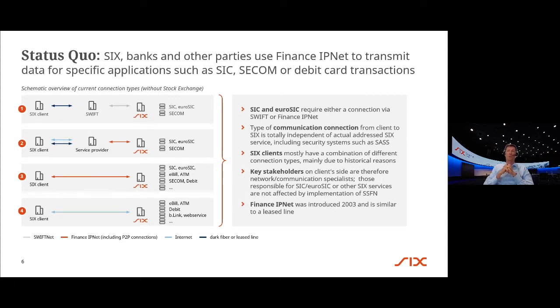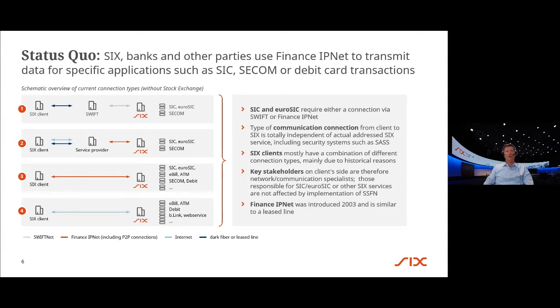So also associated security services, such as SAS or HSM, as most of you know, are linked together with the application itself, with the service itself, and not with the external network that you use. The reason why I'm saying this is that, and we'll see this later on again, when we change over to SSFN from Finance IPnet, SAS and HSM stay exactly the same.